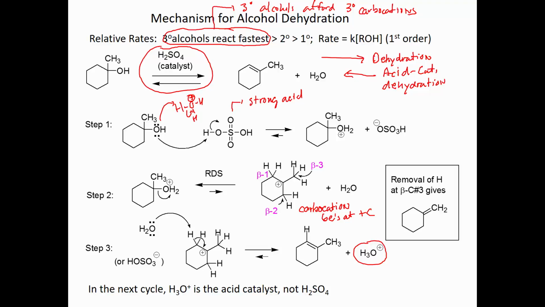Either one could initiate the second cycle, and this is why the reaction is, in theory, catalytic in sulfuric acid. It turns out that because sulfuric acid becomes a weaker acid in the presence of water due to the hydration process, people often do use more sulfuric acid than is truly a catalytic process. But if you get rid of the water as it forms by boiling it out of the system, you can use sulfuric acid catalytically.